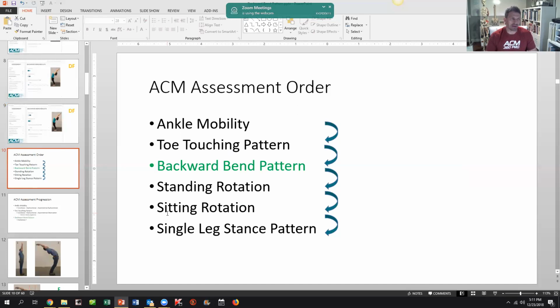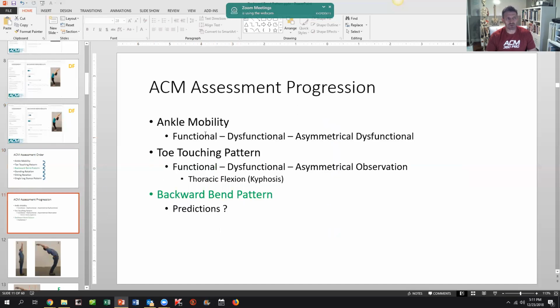So what I mean by that is when we do ankle mobility and then toe touching, we get some understandings. We do an ankle mobility test, we're looking at functional, dysfunctional, or symmetrical, how much of the ankle moves. We move to the toe touching pattern, now we're looking at functional or dysfunctional, and if we're observing an asymmetrical dysfunction.